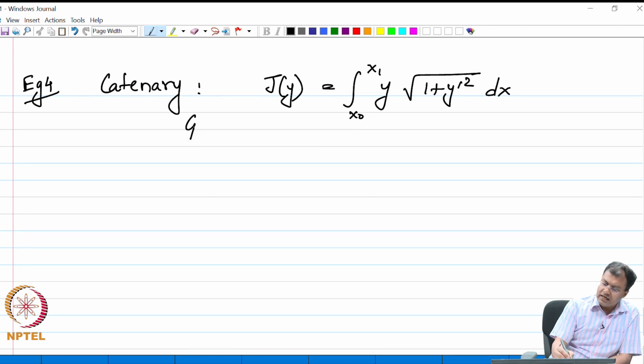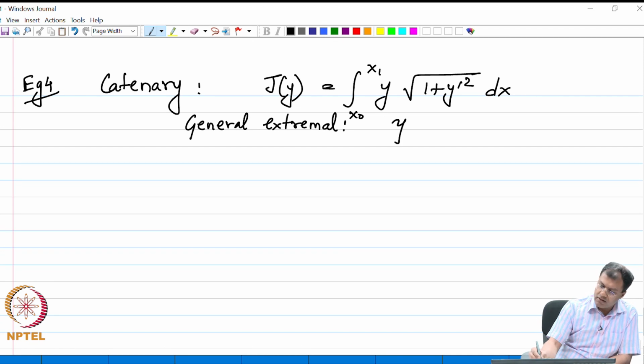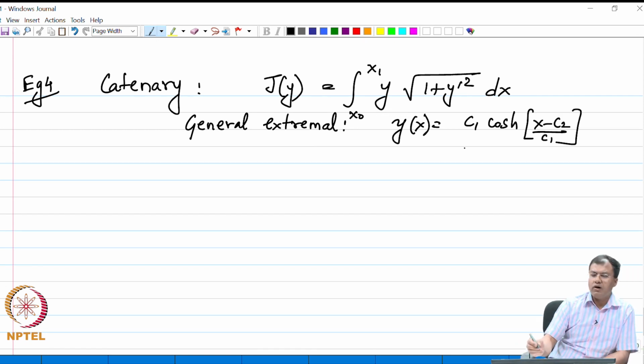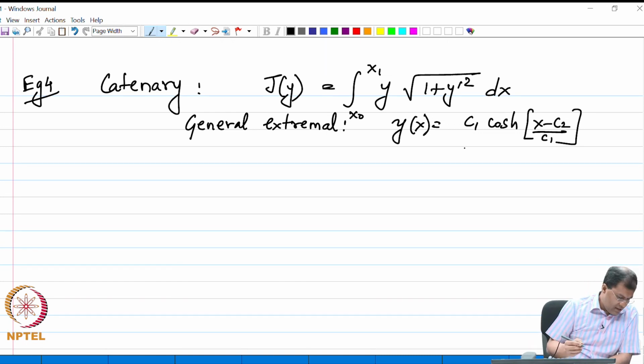We know that the general extremal of this catenary problem is y of x equal to c1 cosh of (x minus c2) by c1. We found this solution two lectures back.